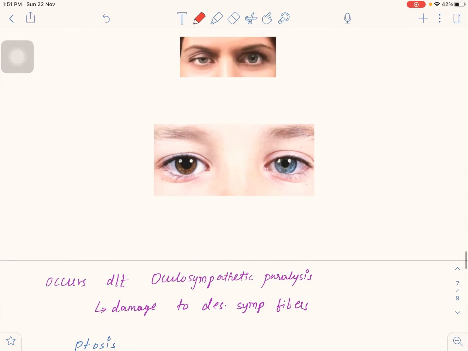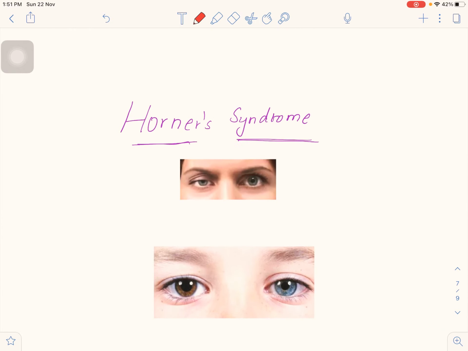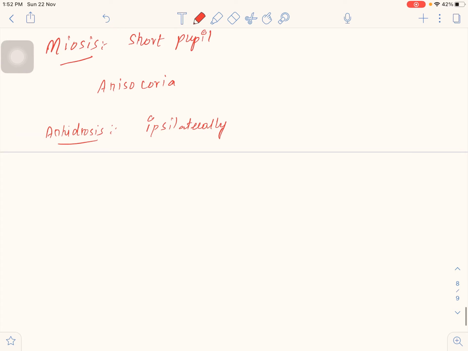So here we can see ptosis, meiosis, and anhidrosis. These are seen ipsilaterally.